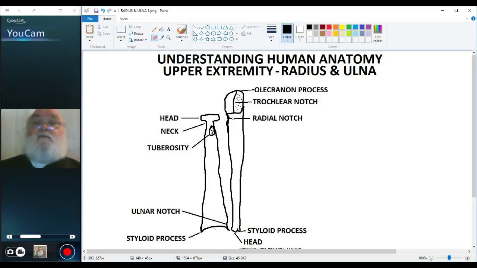The head of the radius with the radial notch on the ulna, the head of the ulna with the ulnar notch on the radius. And these two articulations, the one between the head of the radius and the radial notch of the ulna, is the proximal radioulnar joint.